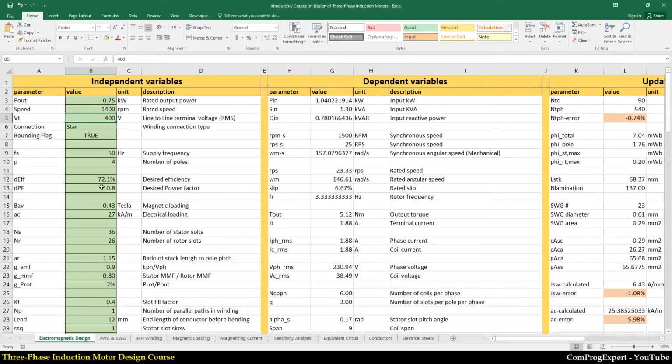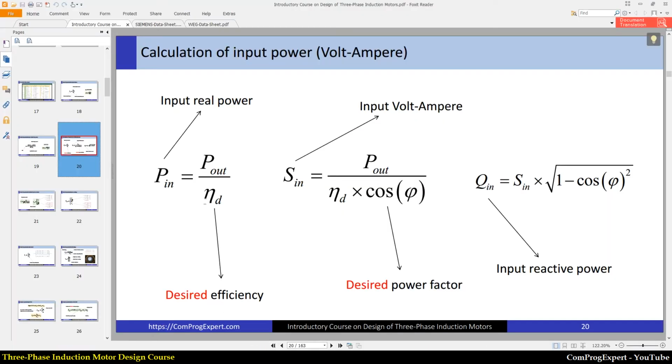The value of desired efficiency is 72.1% and the desired power factor is 0.8. So when we set the value of desired efficiency and desired power factor, we can calculate the input power, right? Input real power, input volt-ampere, and input reactive power.